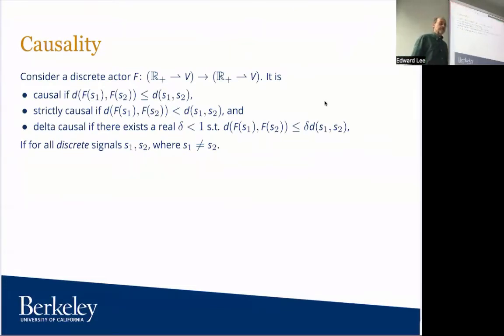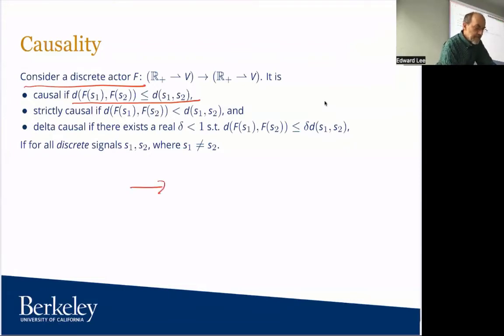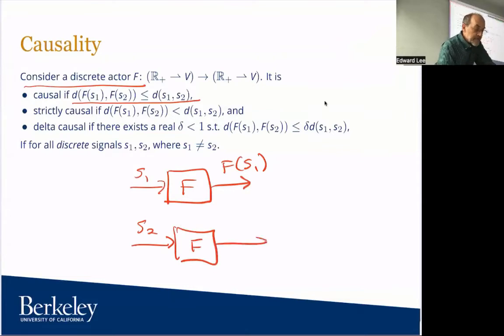Now, once we have this metric, we can talk about causation. Okay. So in particular, a reactor F is causal if it satisfies this monotonicity property. Why is that? Well, let's think about it. Suppose I have a reactor and I give it signal S1 and it produces F of S1. And I give it signal S2 and it produces F of S2, right?